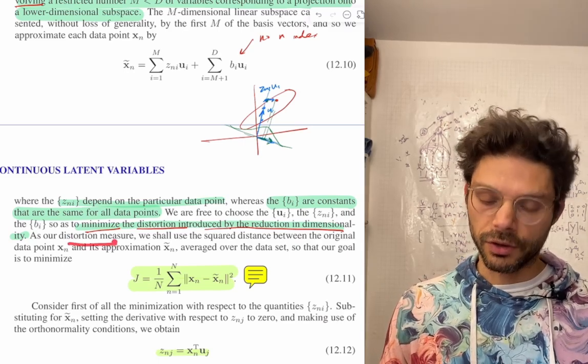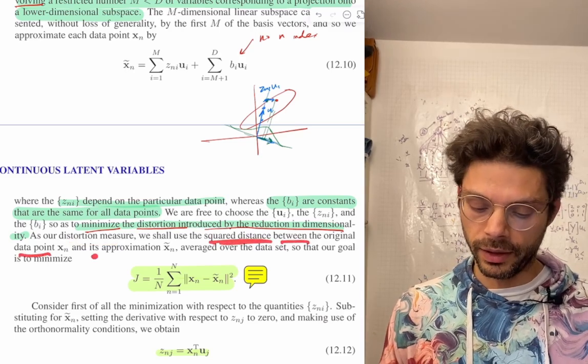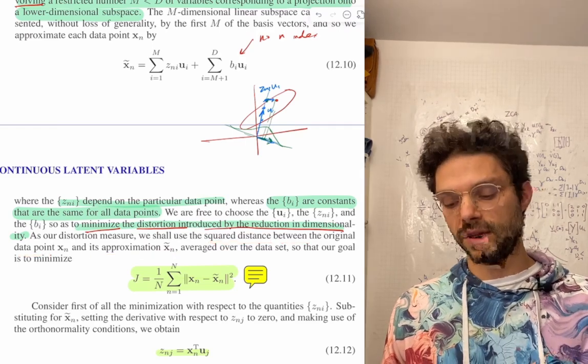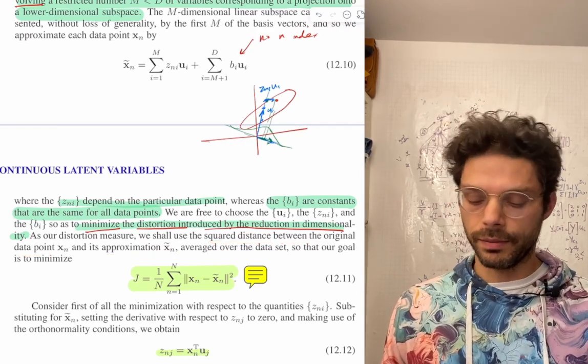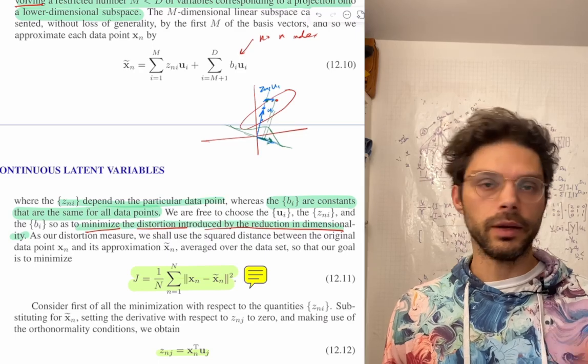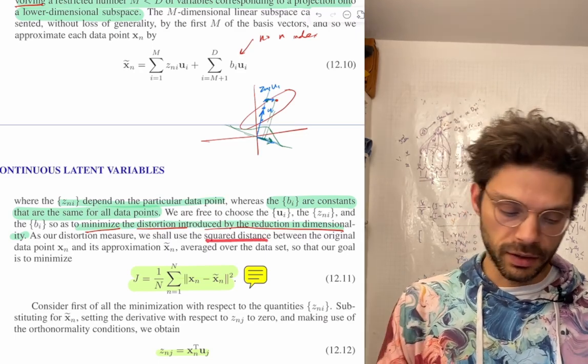As a distortion measure, we will use the squared distance between the original data point and its approximation x_n tilde. This is something we have to do to get the PCA answer. Using anything else is almost always much more difficult. So this is one reason why we use the squared deviation. We'll use the squared distance, so let's highlight that.